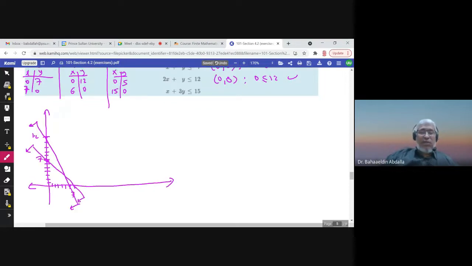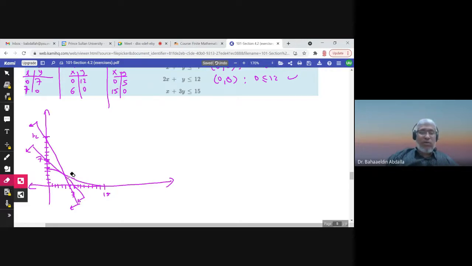The last line, (15, 0). So this is 7. This point and (0, 5), this point. So this is the line. And in fact, I am not sure whether this point of intersection would be the same point or not.